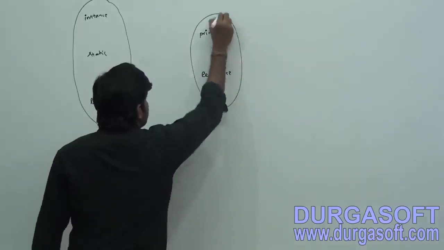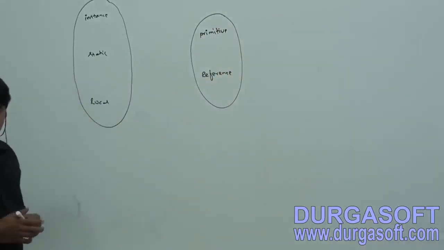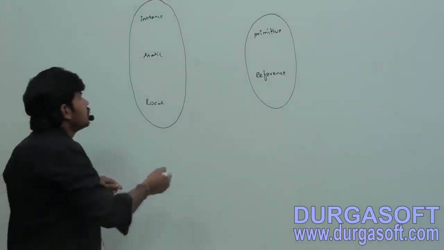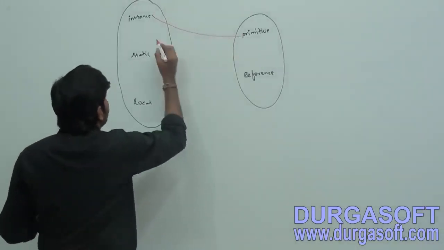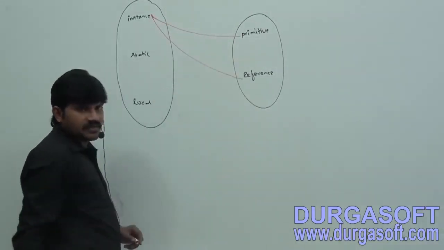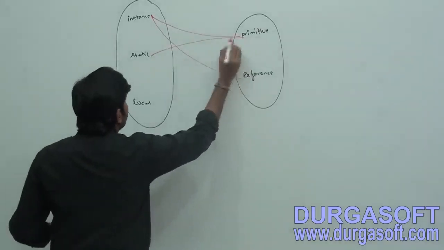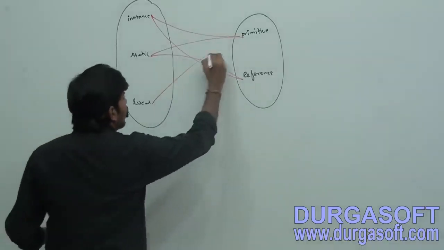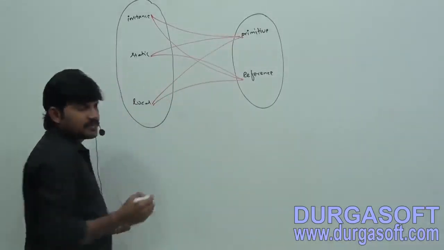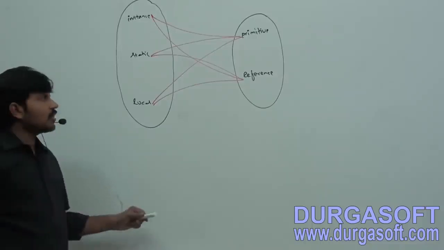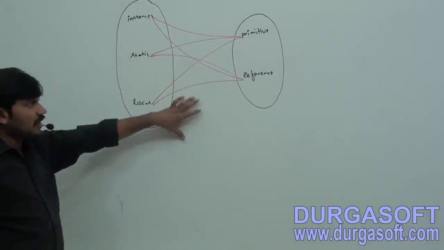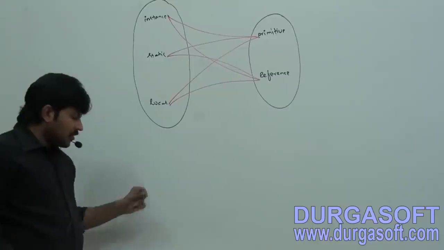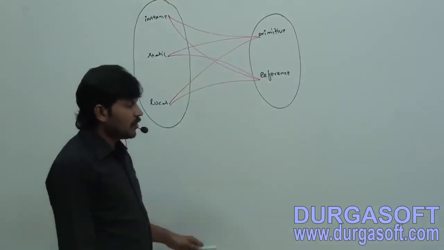So the possible variable combinations in Java: instance primitive or instance reference, static primitive or static reference, or local primitive or local reference. Let me take a simple example.